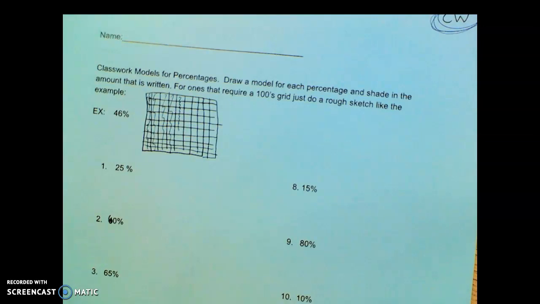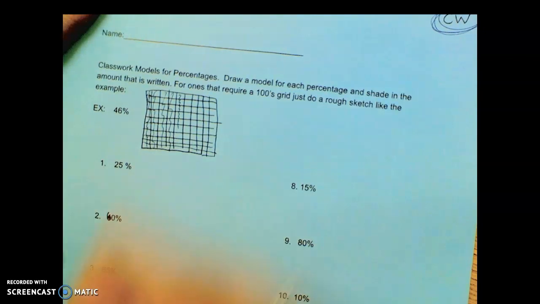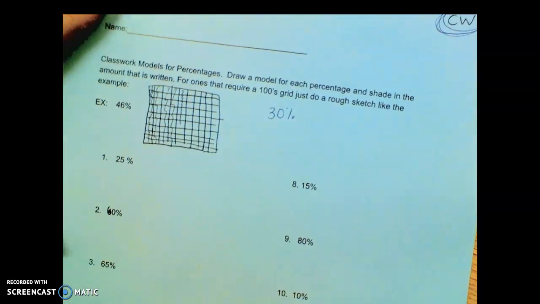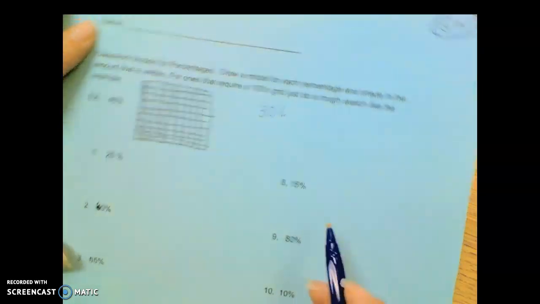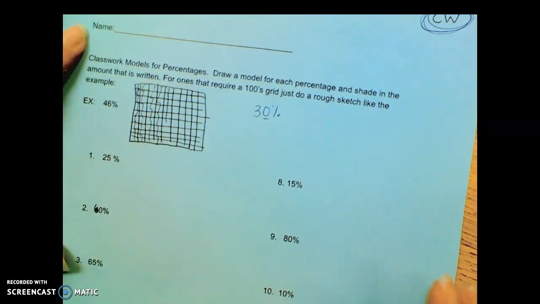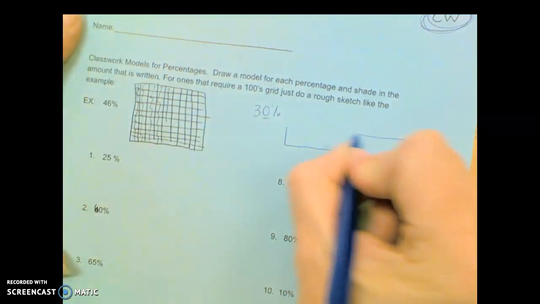What I want you to do is look at each percent and then draw the model for it. So for instance, if it was 30%, did I do 30%? Am I giving you one away? Oh, good, I'm not. So for 30%, I notice that it ends in a 0. So that tells me that I need a 1 by 10 grid. So I would draw my tape diagram.